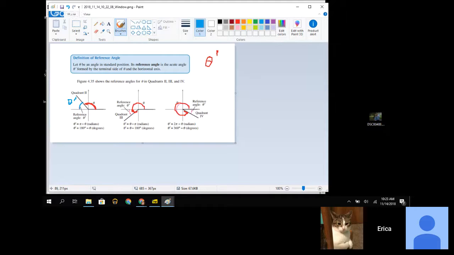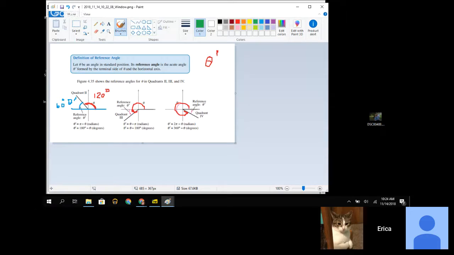Okay, so if my theta is 120 degrees, my reference angle would be 60 degrees, right? It's an acute angle, and it's the angle that goes back to the horizontal axis, basically back to the x-axis.